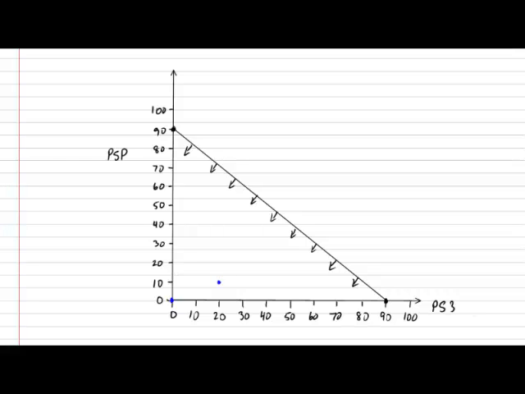Once again, using your semi-artistic skill, you should be able to produce a line that looks like that. Thanks to our test point of 10 and 1, which I remind you was chosen completely randomly, we found that the shaded region is the region that contains our test point 10 and 1. So I'm going to draw my arrows which correspond to this shaded region.